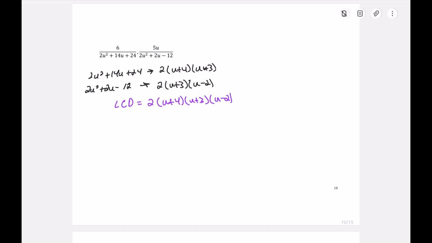So if we rewrite our example, we can see on the one on the left that we're missing a u minus 2, so we can multiply in a u minus 2. And on the one on the right, we can see that we're missing a u plus 4.